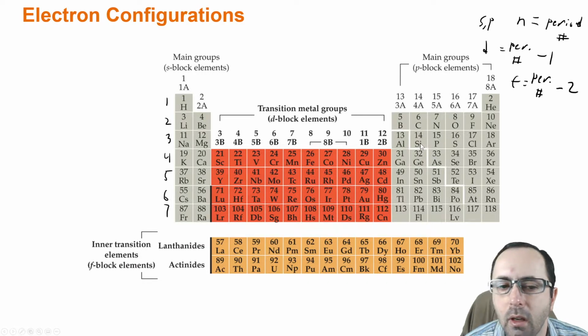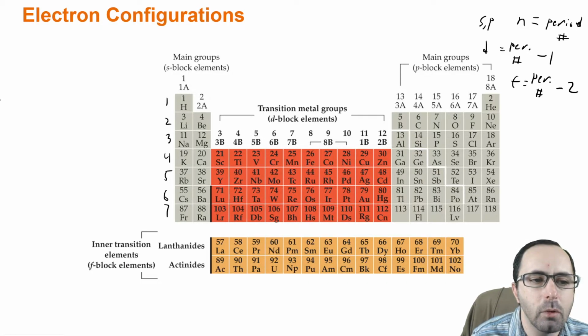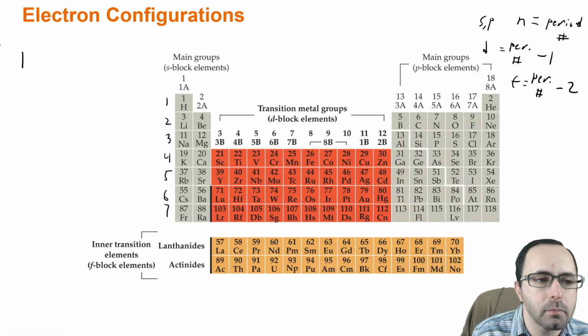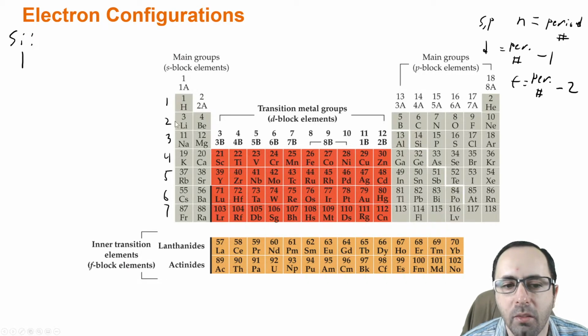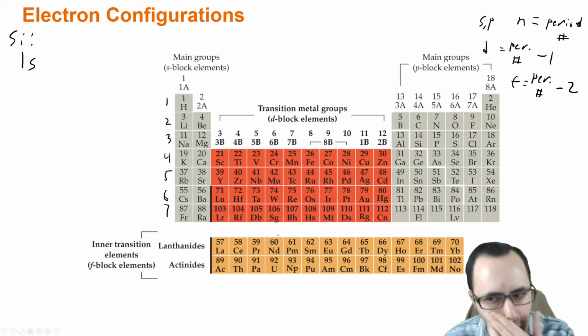If we're doing silicon, the way we'd read this is we'd start at the top left of the periodic table, and we'd write a 1 for being in the first row. And then we say s because as we're starting on the left here, we're in the S block, these first two columns. So the first electrons are going to be going in the 1s orbital.